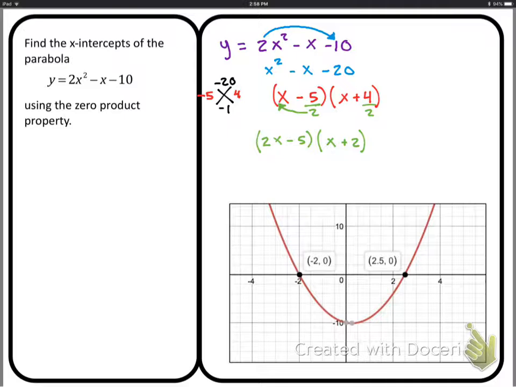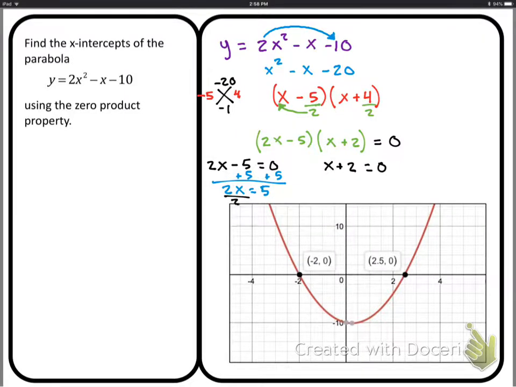Now we're going to do our zero product property. We set it equal to 0, and each of these gets set equal to 0 individually. So we have 2x minus 5 equals 0, and x plus 2 equals 0. Now we just simplify. Add 5, we get 2x equals 5.